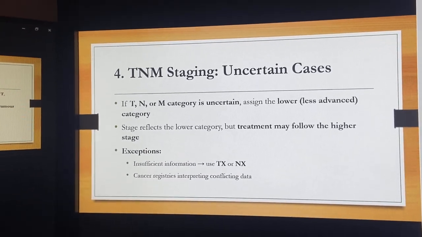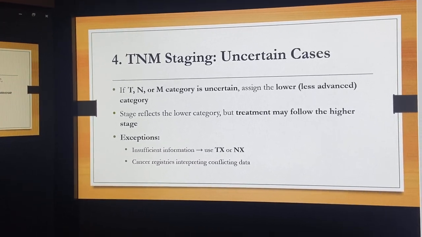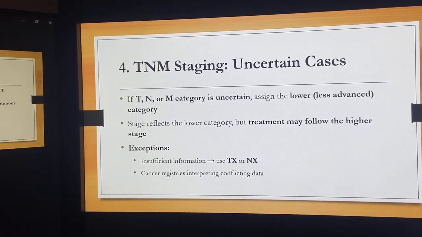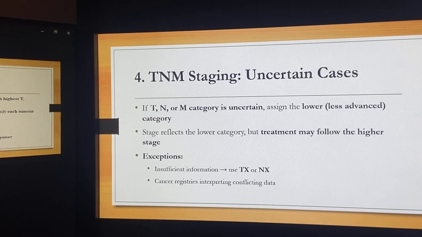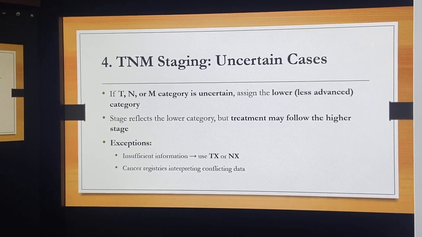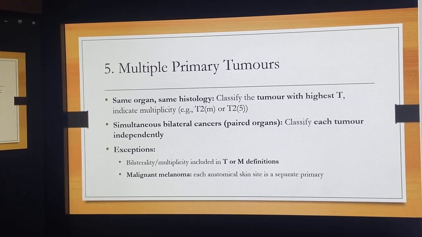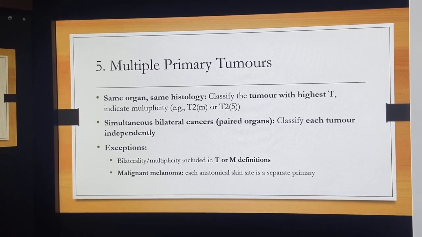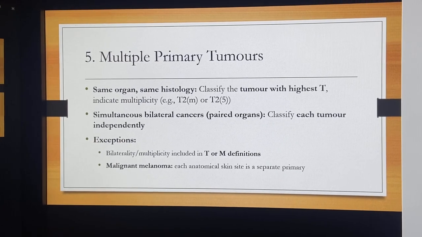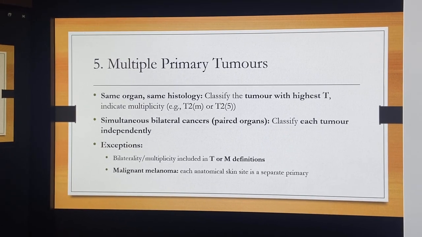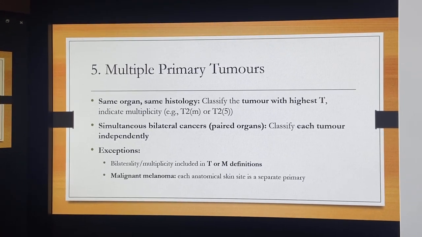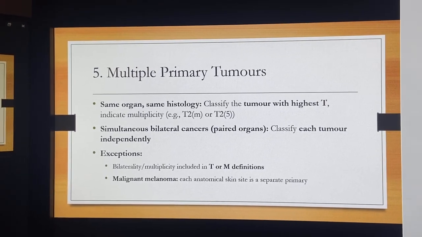or less advanced category. The physician may still treat as if the disease were at a higher stage, but the staging rule remains. This does not apply when the information is missing. In those cases, TX or NX should be used. Next, in cases of multiple tumors in the same organ with the same histology, we classify the tumor with the highest T category and note multiplicity in brackets, such as T2(m), where m stands for multiple.